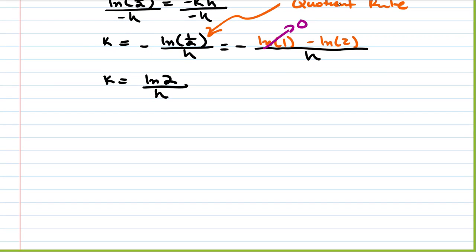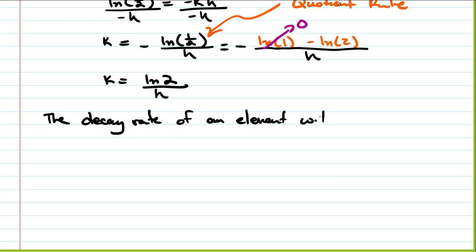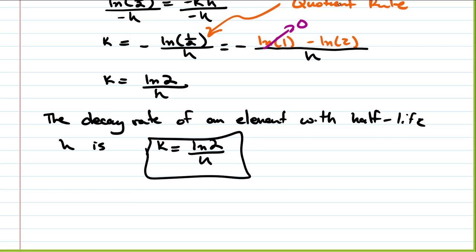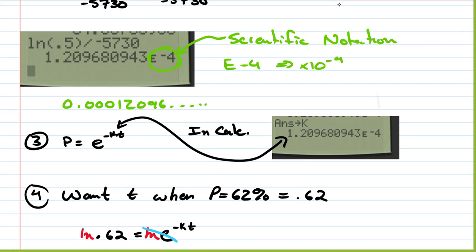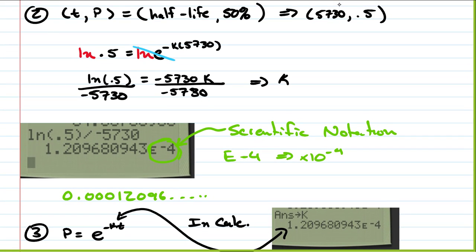So the decay rate of an element with half-life h is k equals the natural logarithm of 2 divided by h. So the reason this is helpful, up here we solved for this.